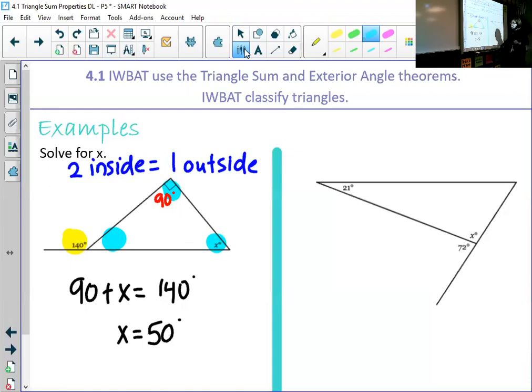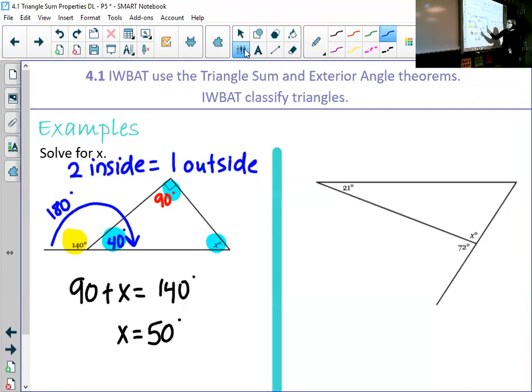Yes, so remember we learned what kind of angles are those? They form a straight line, that's a linear pair. So these two right here should add up to 180. If I know what this one is, I can subtract to find out that this one is 40.